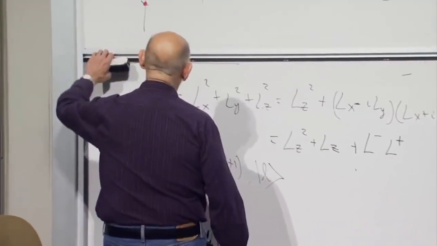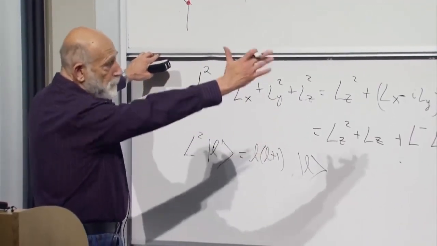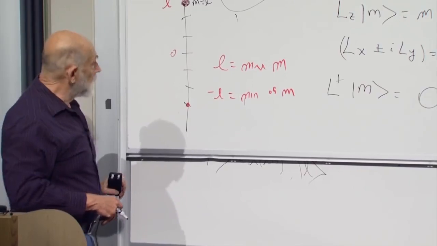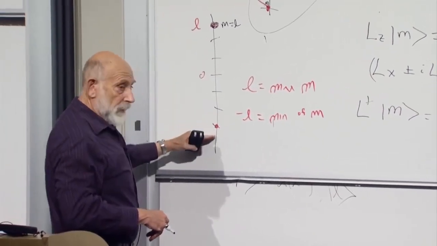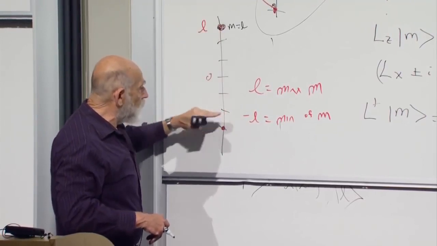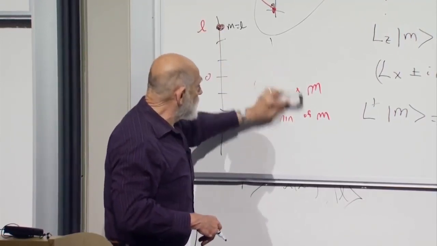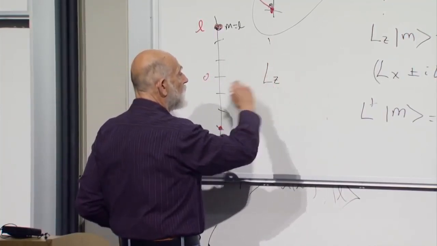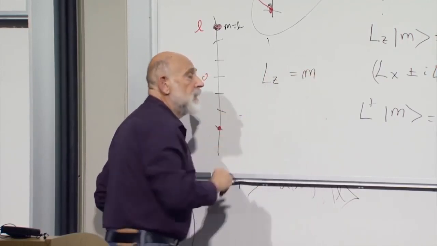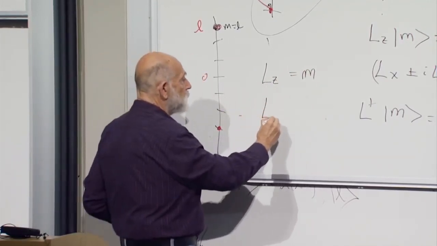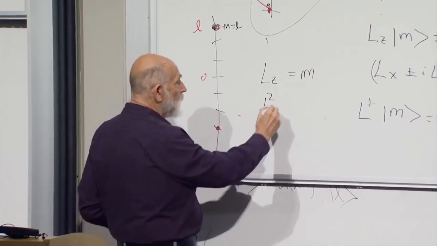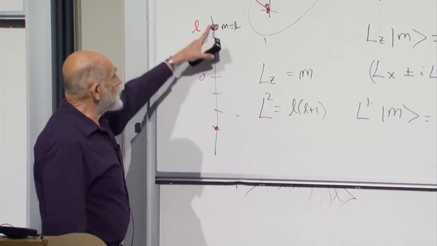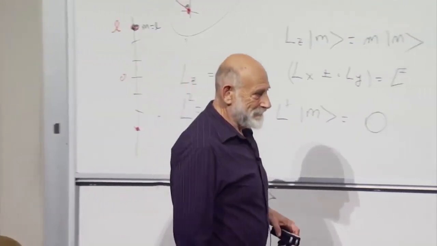right, so here's what we found from the things that I showed you, plus the little exercise that you can do yourself. When you find a multiplet like this, going from L to minus L, such that there's no more above it and no more below it, you found not only eigenvectors of Lz, eigenvectors for which Lz is equal to m, but you've also found eigenvectors of the square of the angular momentum with eigenvalue L times L plus 1, where L is just the maximum value of m.